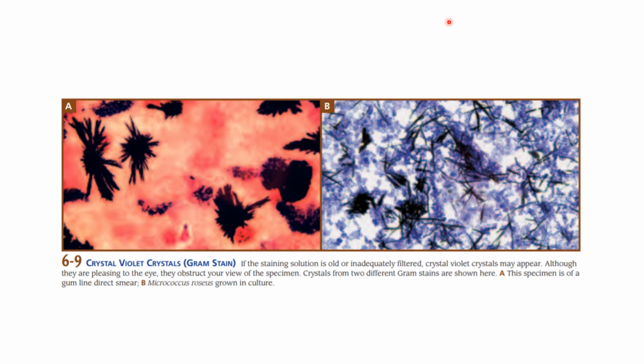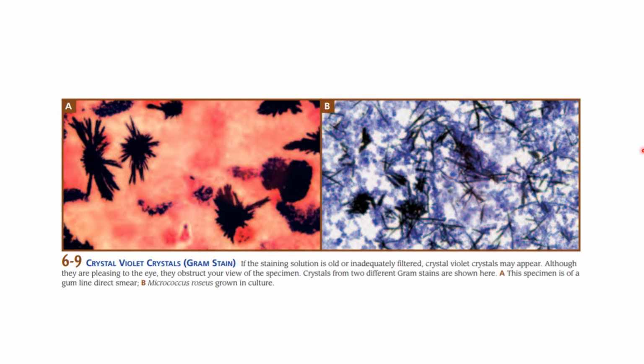Sometimes when the culture is old, those old gram-positive cultures may lose their ability to resist decolorization. So they appear like they are gram-negative, but they are actually gram-positive. It's because they are old. So it's better to use fresh culture, like 24 hours old or less. That is very good for gram staining.